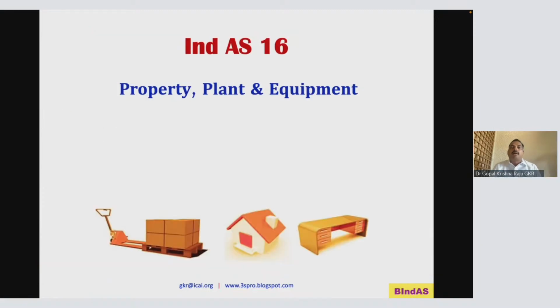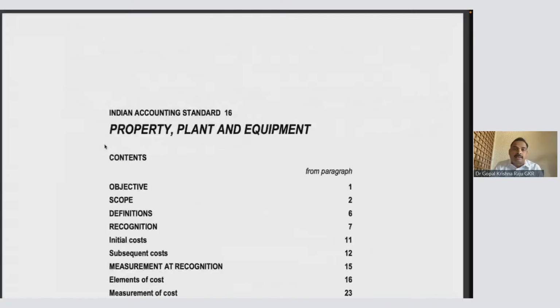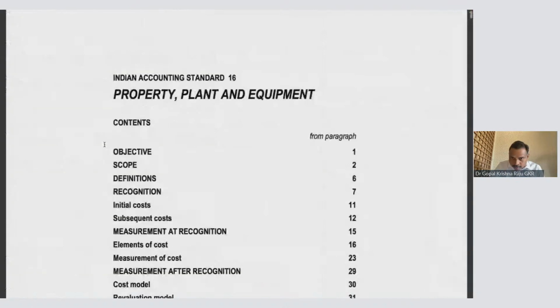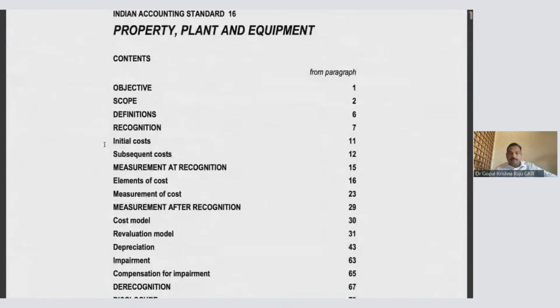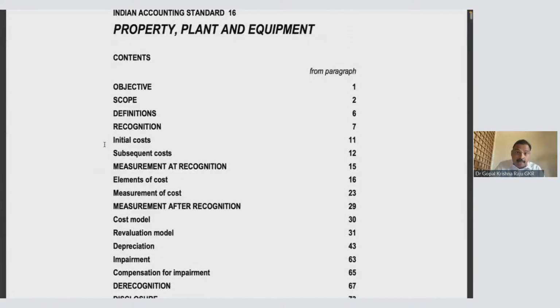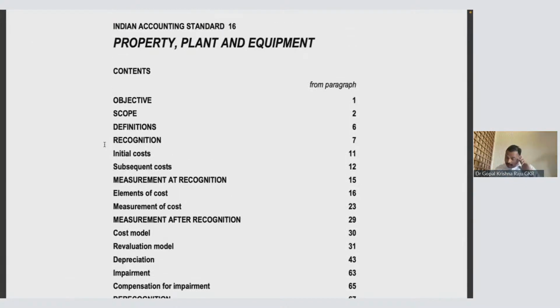Good. Now coming to the next standard, property, plant and equipment. I want to make one observation here, guys. This standard is 79 paras. And you have a younger brother to IndAS 16, that is called IndAS 38. IndAS 38 is intangible assets, and tangible assets is 16.